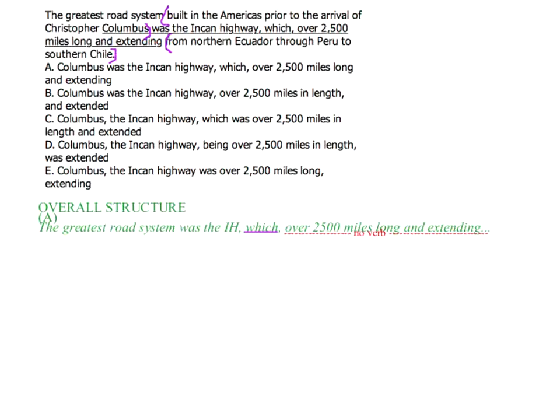The overall structure of B is the greatest road system was the Incan Highway and extended.